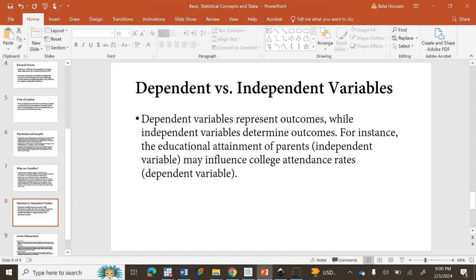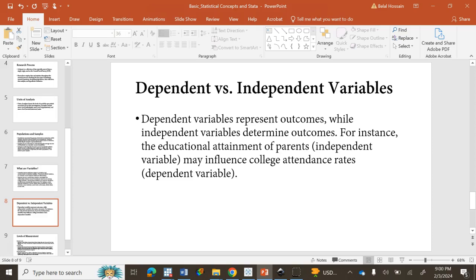For example, the educational attainment of parents may influence college attendance rates. So whether somebody is attending college or not is actually influenced by the level of education of their parents. If their parents have higher levels of education, then this influences their children's college attendance, right? So what is influencing and what is being influenced?